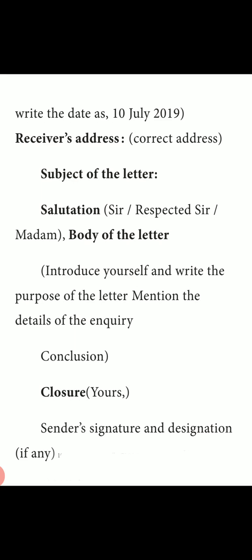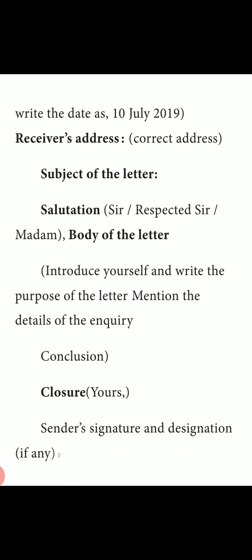Then complimentary clause. Complimentary clause means thanking you, thank you. Then subscription. Subscription means yours sincerely, truly, faithfully. Likewise you want to use the clause. Then sender's name. What designation is there you want to write, if it is applicable.